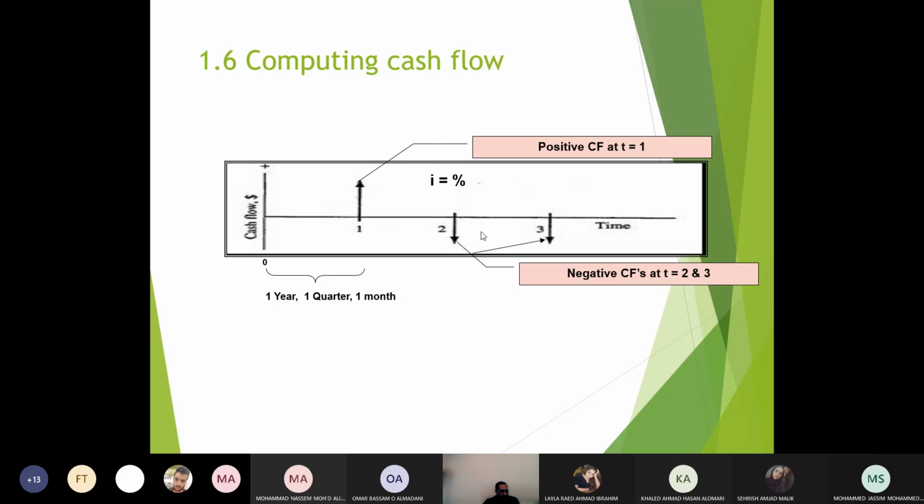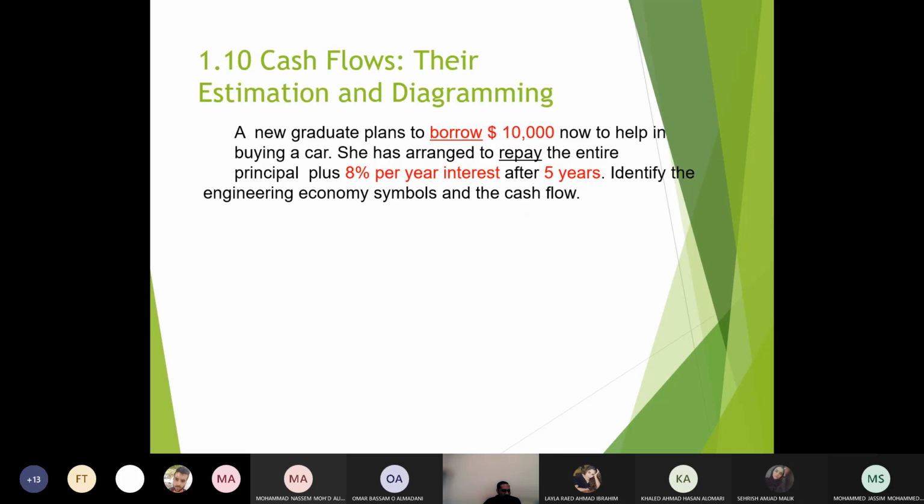Anything indicating a downward is an expenditure. And therefore, we can see that all of the elements are recorded: time, which is N, the interest, which is I, and the period, which could be a year, quarter, or a month, regardless. Most of the information will be put in according to the problem given. So now we have a very good display of the problem from a very holistic point of view.